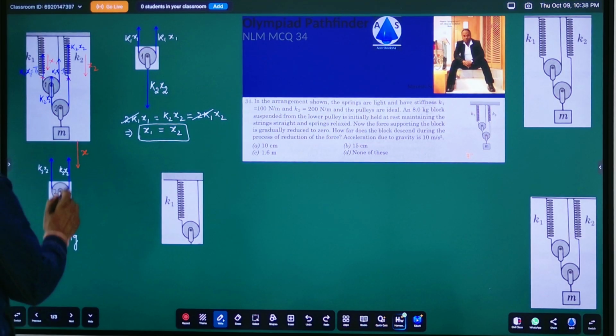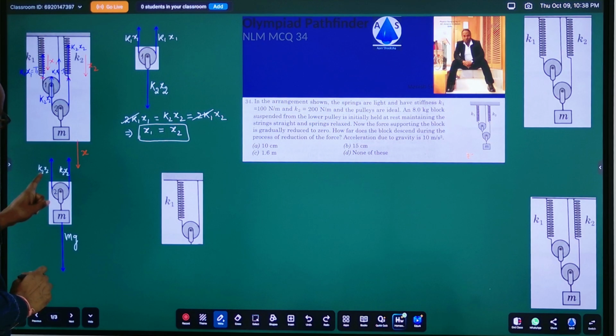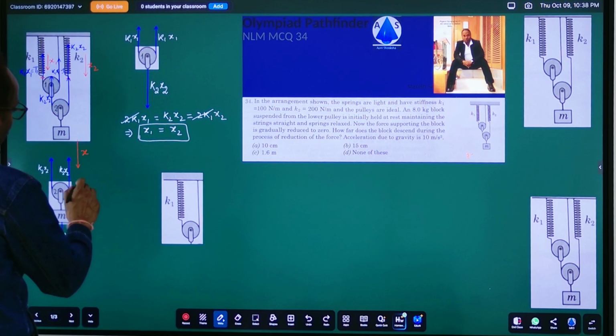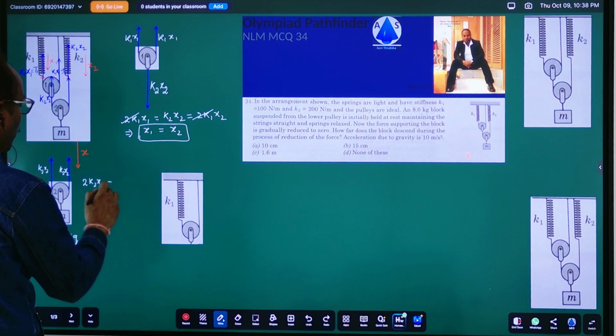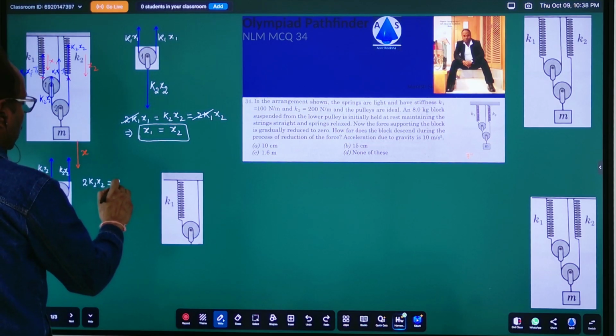So in the upward direction we have force K2X2 plus K2X2, so 2K2X2, equal to M into G.